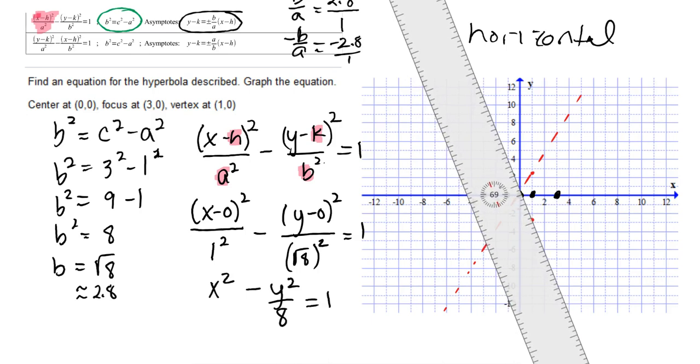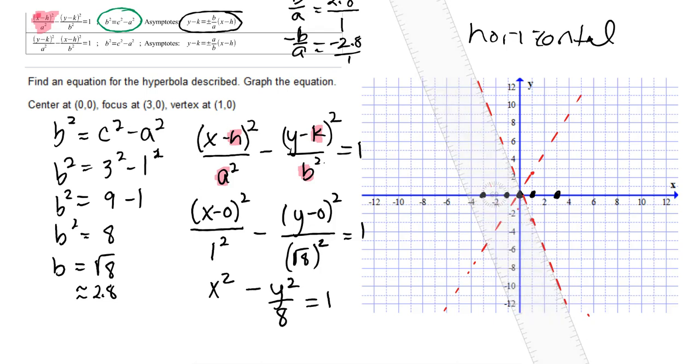So it's connecting the center with a slope of negative 2.8. And then I'll be able to draw my hyperbola starting from the vertex and following the asymptotes. Starting from the other vertex and following those asymptotes. Let me fix this one here. Kind of stopped following the asymptote.